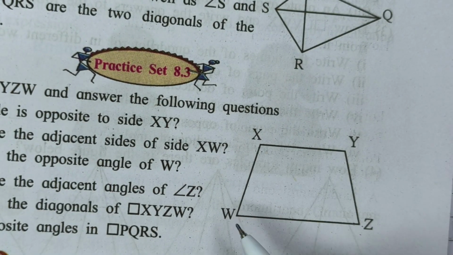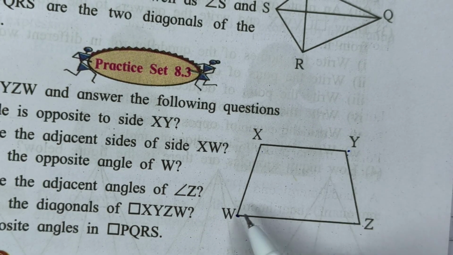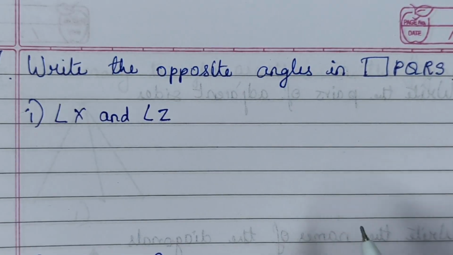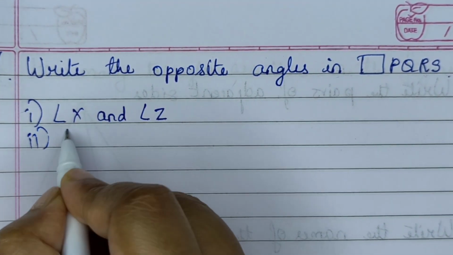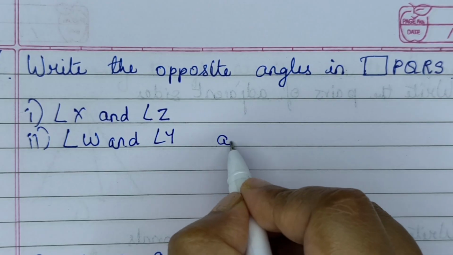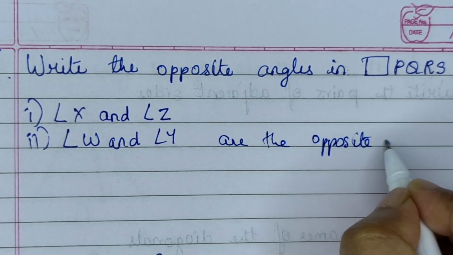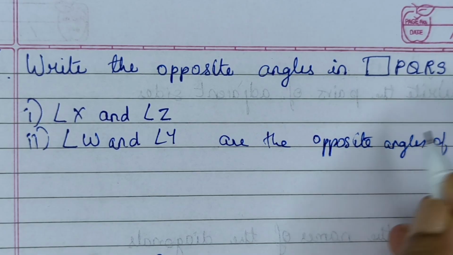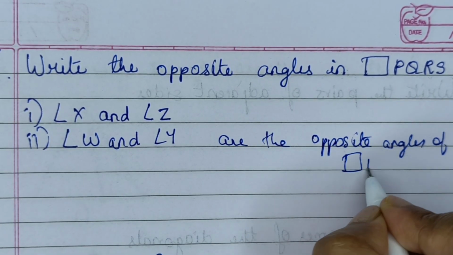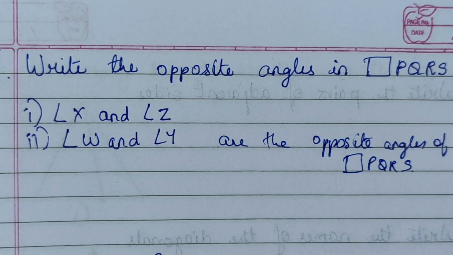Which are the two other opposite angles? W and Y. Angle W and angle Y. And then you can write, are the opposite angles of quadrilateral PQRS. Understood, children? Practice set 8.3.